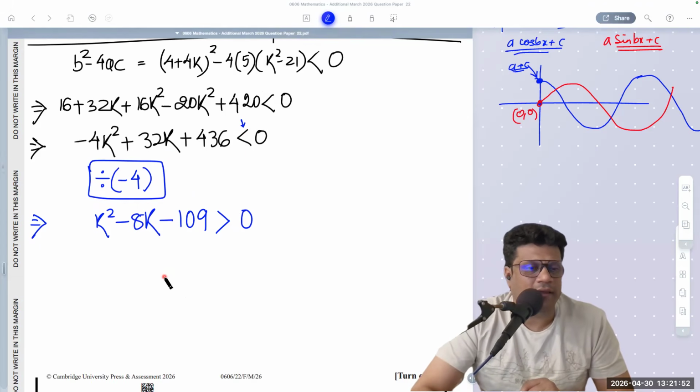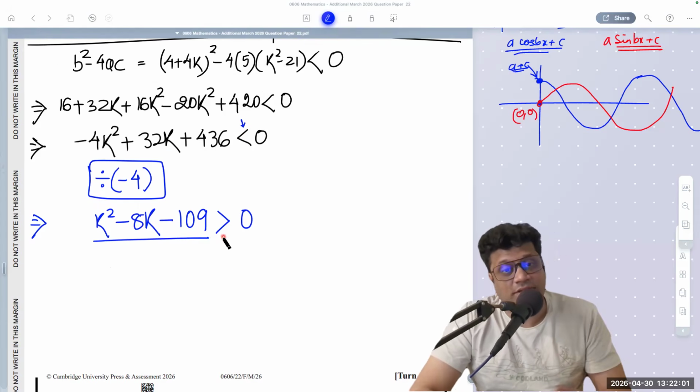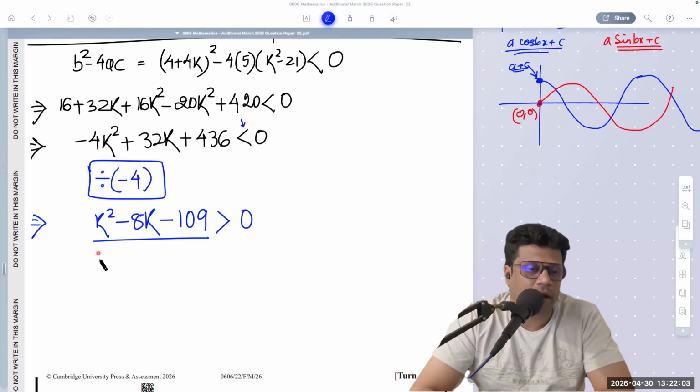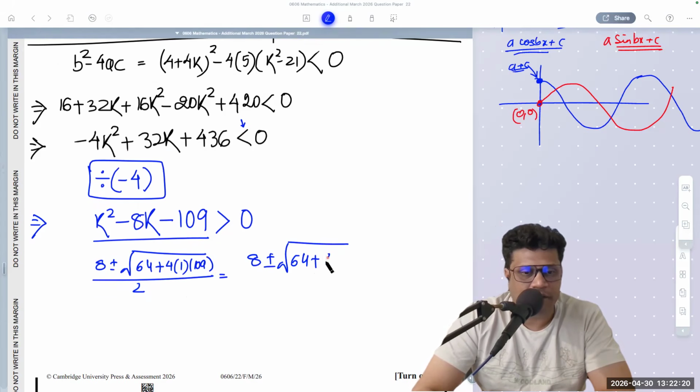And now I think we can figure out the values of k for which this is equal to 0. So how are we going to do it? Use the quadratic formula: minus b plus minus root over b square minus 4ac, divided by 2a, and that's 8 plus minus root of 64 plus 436, divided by 2.